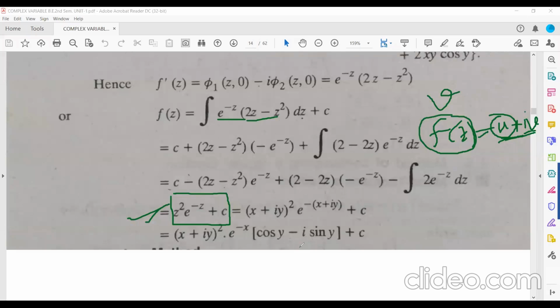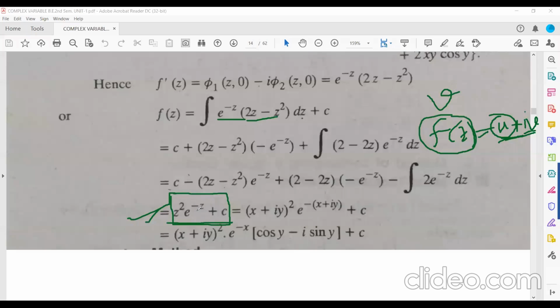You'll find that the real part will be equal to what is given already. And if it is not equal to what is already given, then that means whatever analytic function you have got here is not the correct one. That means you have made some mistake in a previous step.